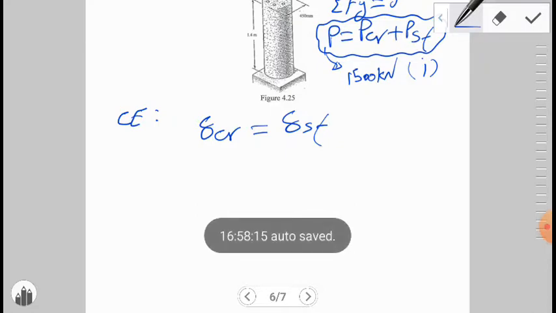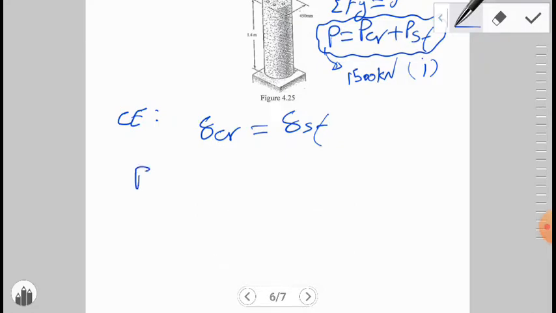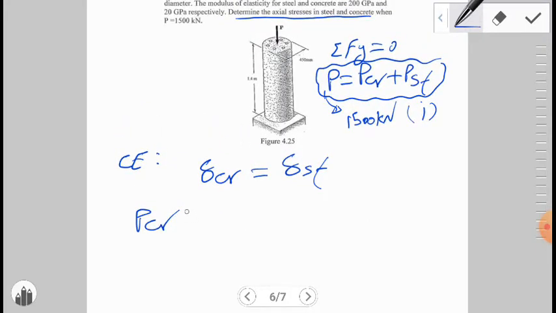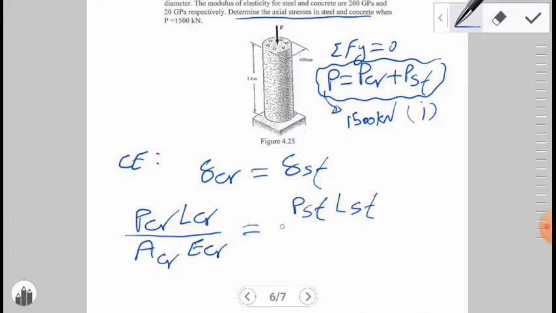We can simply write delta concrete: P concrete, L concrete, A concrete, E concrete is equal to P steel, L steel, and A steel, E steel.